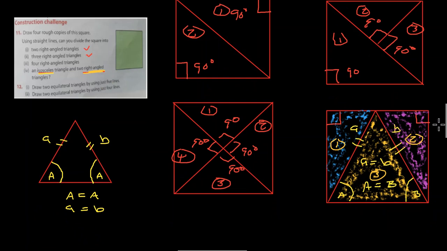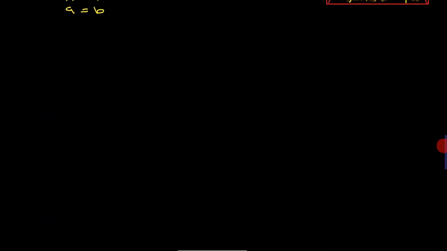Okay, so the first thing we need to do is, we're allowed to use 5 lines, and we need to draw an equilateral triangle. So first of all, we have to remember what an equilateral triangle is.